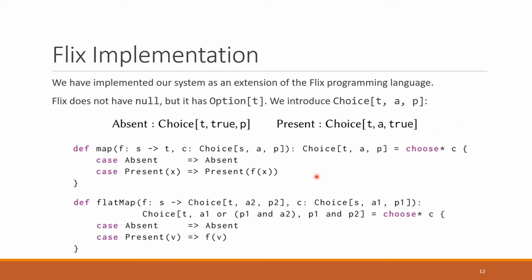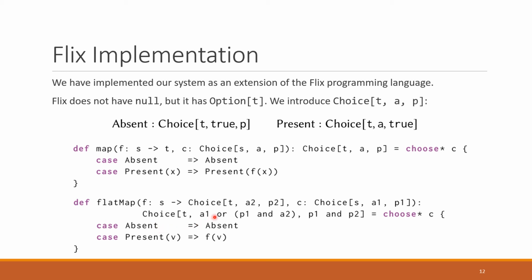And the type of flat map is actually quite interesting. So we get a function here that we're supposed to apply to the option, and then we get an option here, and then we are returning an option. Let's consider this formula here. So when can the result of such a flat map be absent? Well, looking at the code, that can happen for two reasons. One is that we're in this case, so that means that the input was absent.